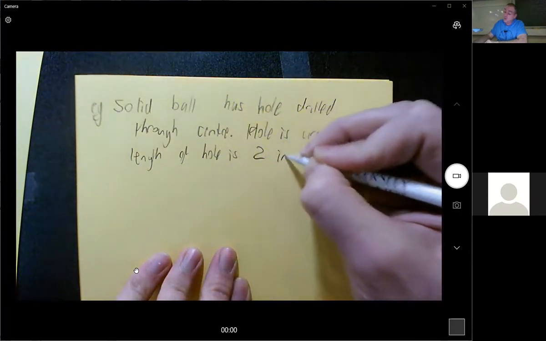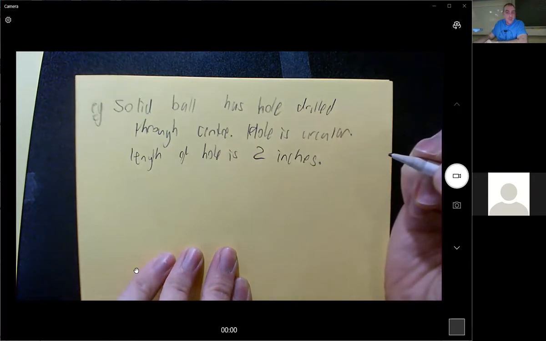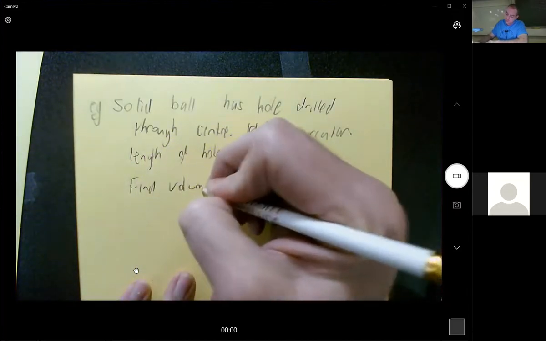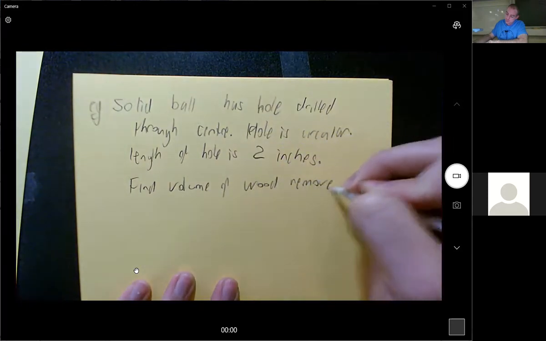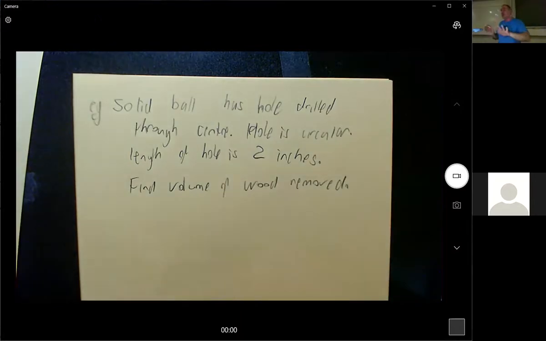And of course it's 2 inches because, you know, we're barbarians. Use a double integral to determine the volume of the wood drilled out. Okay, just going to leave it at that.